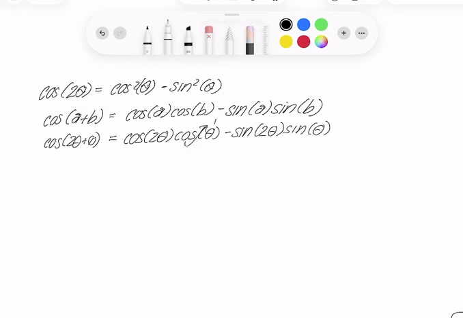So this becomes 1, this becomes 0. That's equal to cosine of 2 theta. So that holds.